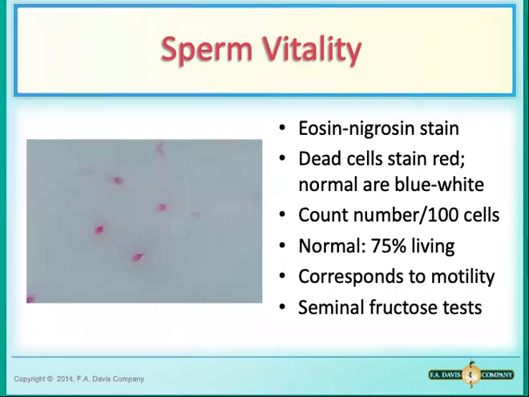These low fructose levels can be caused by abnormalities of the seminal vesicles, bilateral congenital absence of the vas deferens, obstruction of the ejaculatory duct, partial retrograde ejaculation, and androgen deficiencies. You could screen for the presence of fructose using a resorcinol test that produces an orange color when fructose is present.